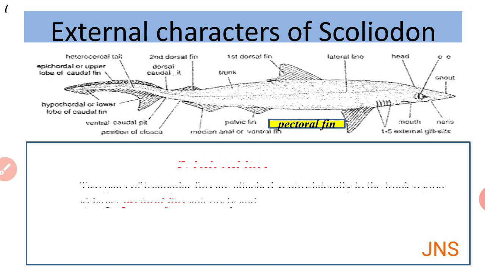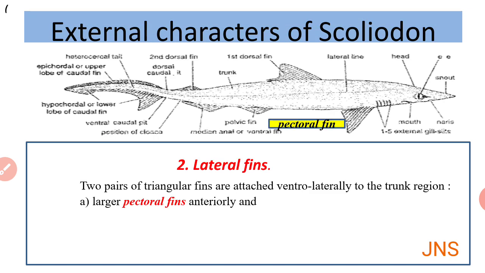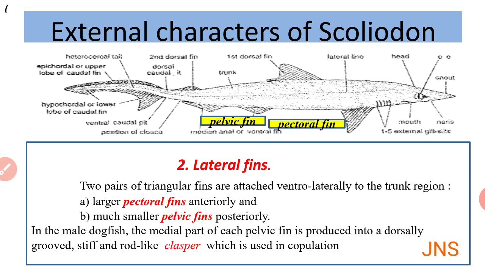Next, the paired or lateral fins. There are two pairs of triangular fins attached ventrolaterally to the trunk region. The first is the pectoral fin. The pectoral fins are larger and found towards the anterior side of the body.